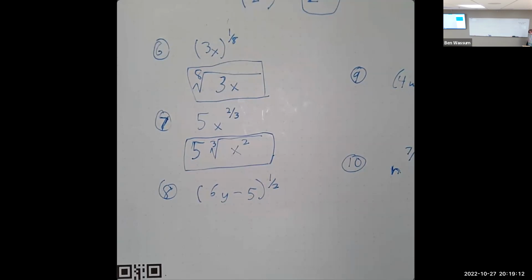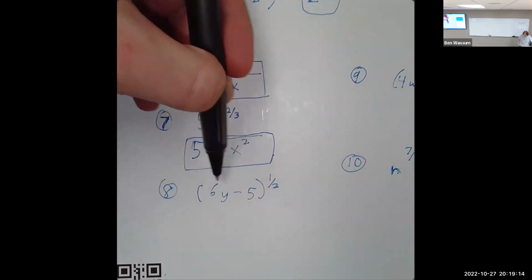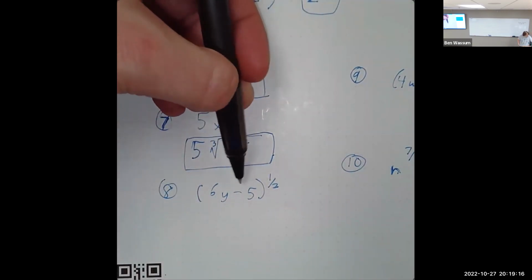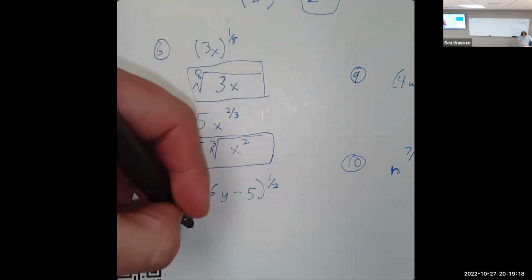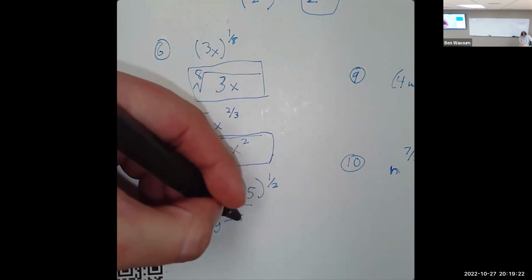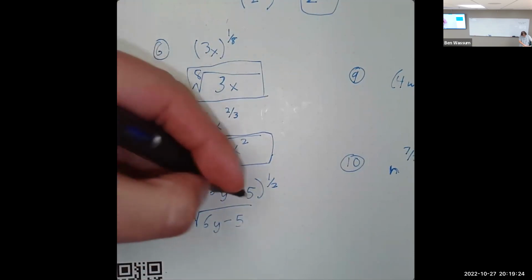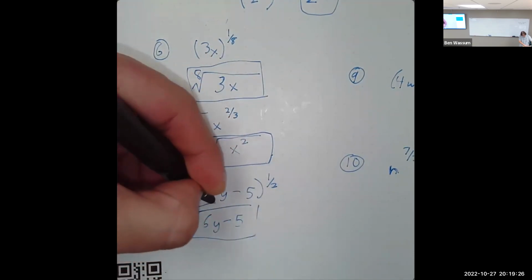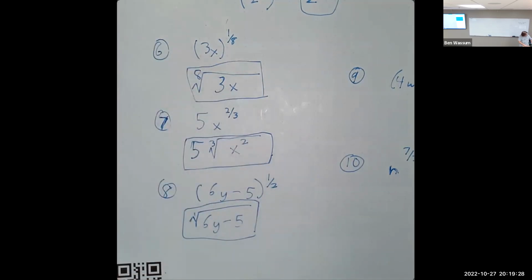There's nothing we can do here. These don't combine, they don't have powers, we don't play with them at all. So we just end up with the square root of that. There's nothing we can do with that, right? It just is. Just radical. Not bad.